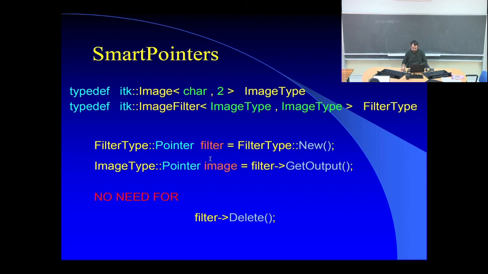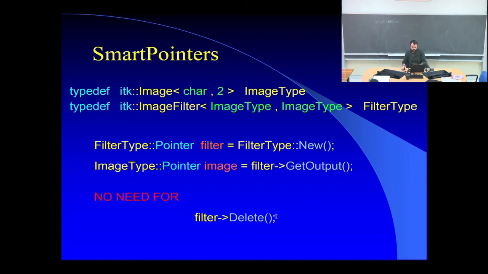This is not the full source code. You have loaded the image before, you have done something to the image, you have your filter, and that's the way you connect things. Before that, it will be a filter, get input or set input, and you will put an image as set input. We'll see an example for that. This is just an example of how smart pointers work. There's no need to do filter delete. This is done automatically.